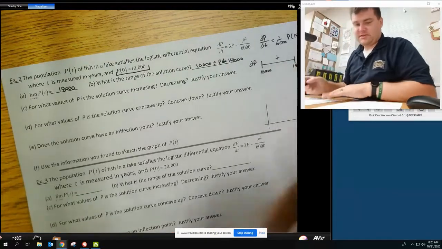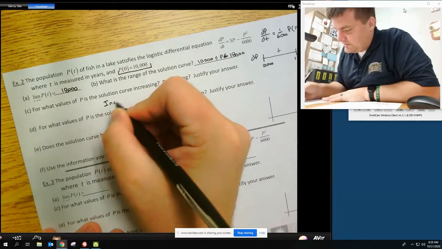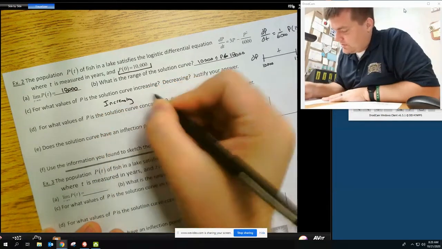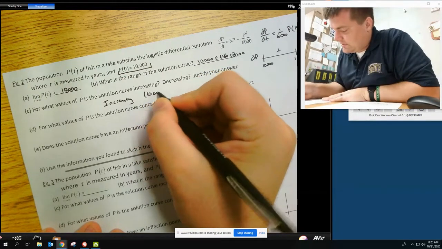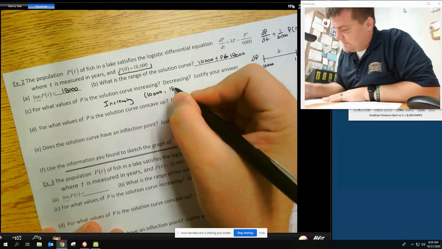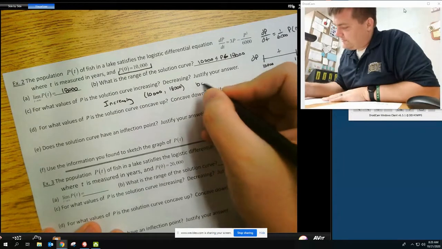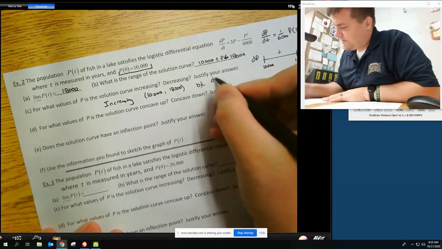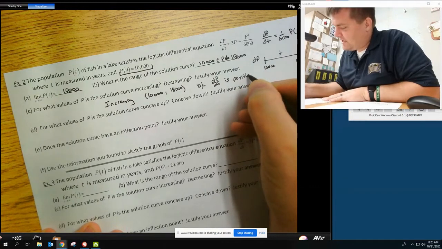It's going to be increasing from 10,000 until 18,000 because the first derivative is positive. And remember, this is the same exact problem that we just did.